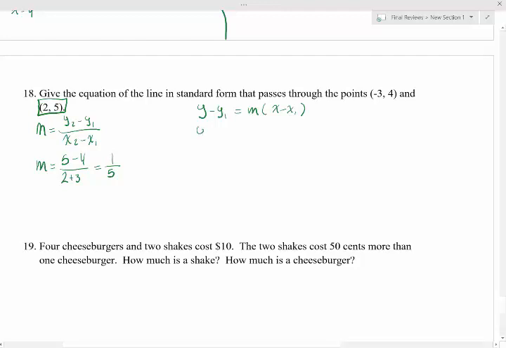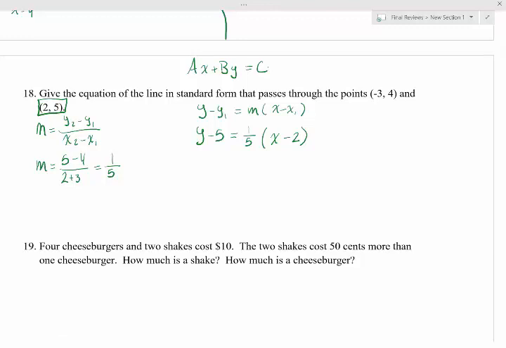So we're going to have y minus 5 equals m, so that's going to be our slope of 1/5, times x minus 2. And you want to get this in standard form. Well, our standard form is ax plus by equal to c, where a, b, and c are real numbers, and they're integers.